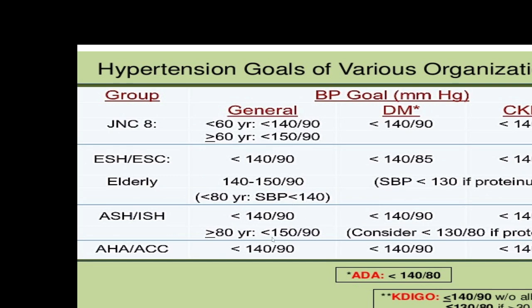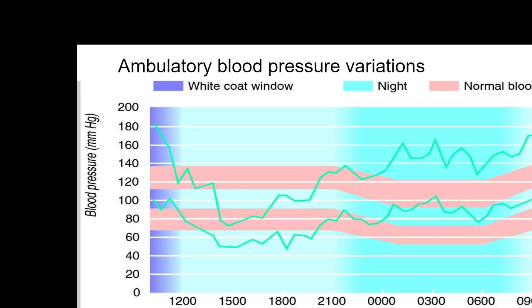So 140 by 90 millimeters of mercury is still considered a normal range by many organizations, but there is still a lot of controversy and a continuous revision. In 2020, the normal circulatory pressure was reduced to 120 by 60. Now again it has been raised to 140 by 80, the latest.